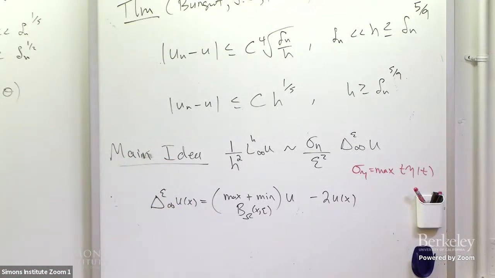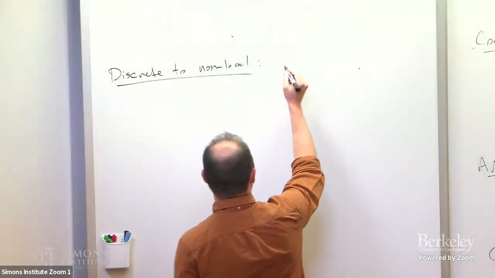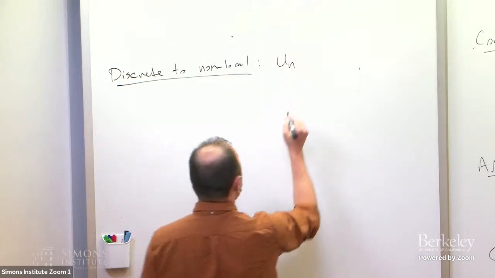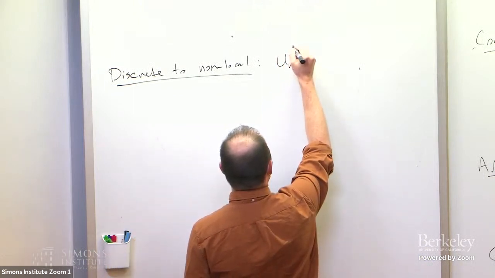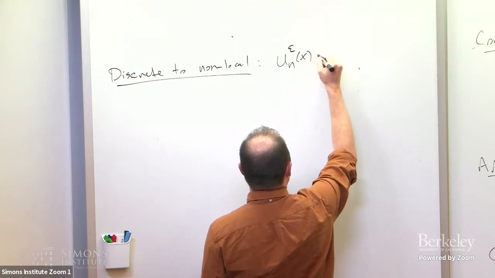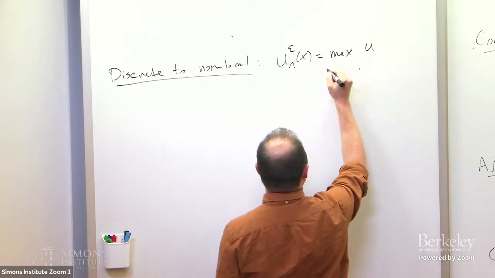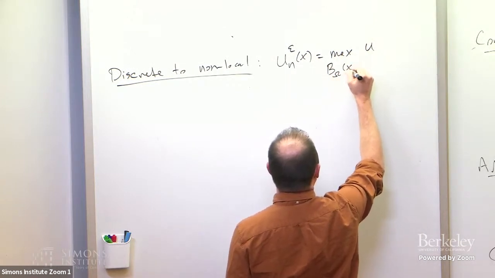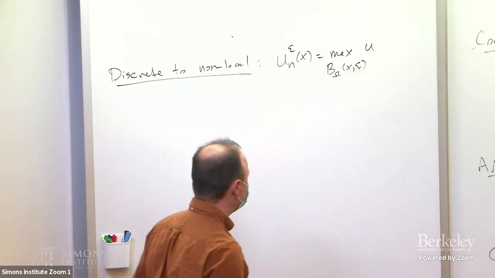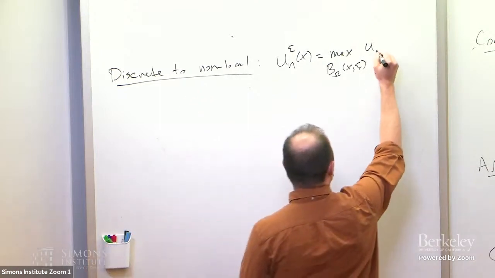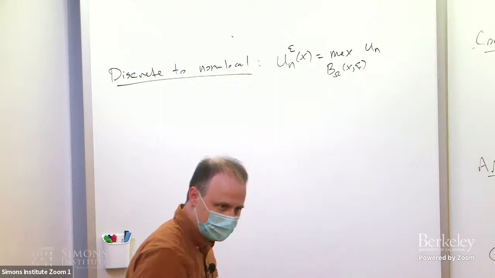And because this is the infinity Laplacian, there's a very special way to do this. So the function un on the graph, I extend it to the continuum. I'll call it un epsilon by taking the max of u over balls. Okay, we'll have to do the inf version of this as well. Okay, so this is a way to extend un from the point cloud to the domain.